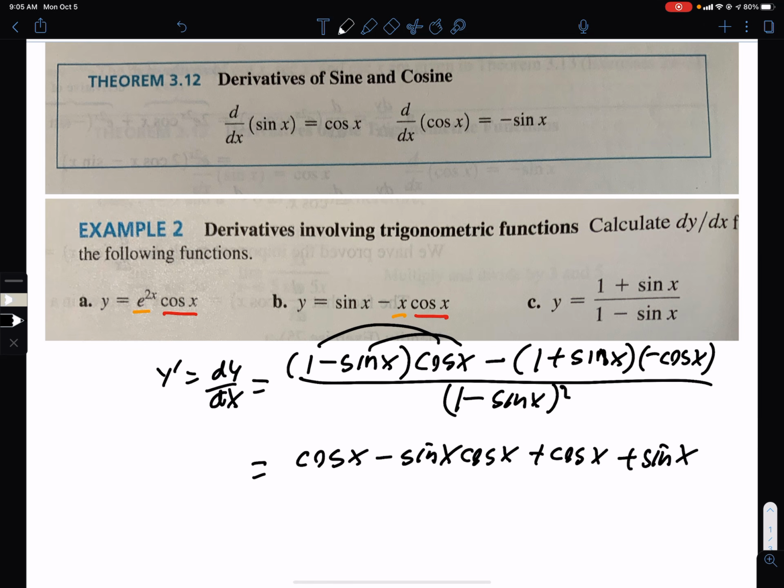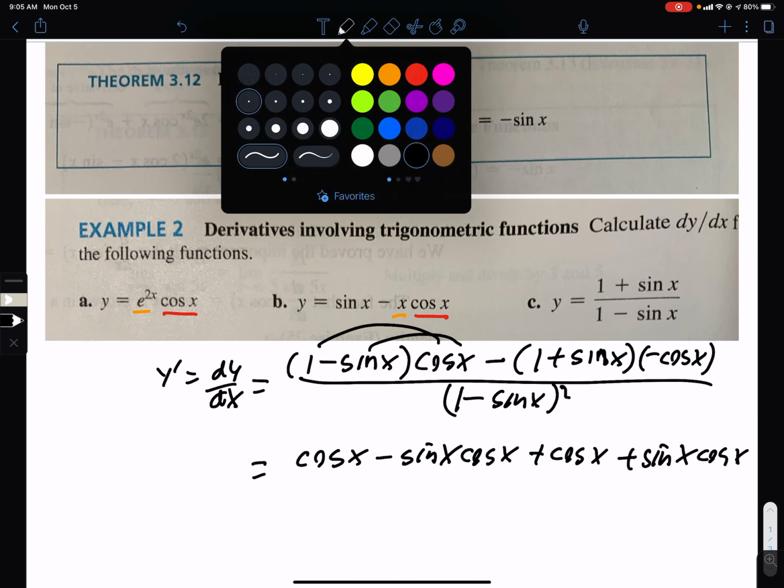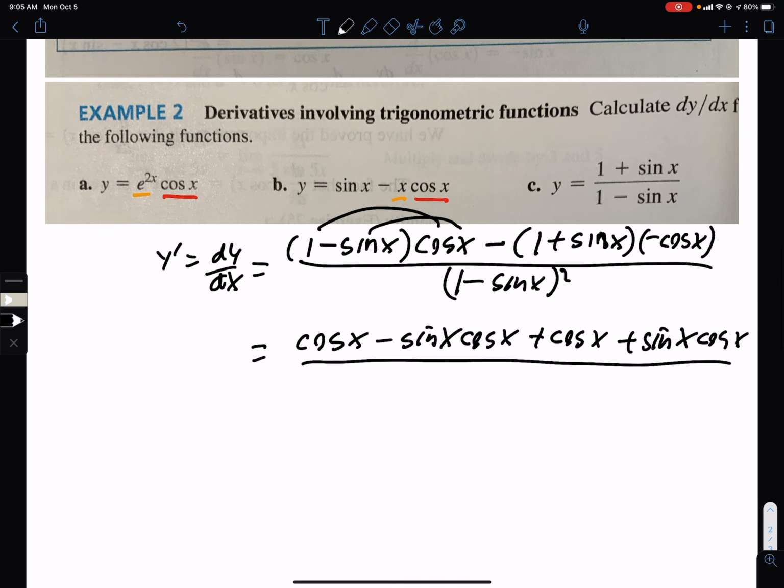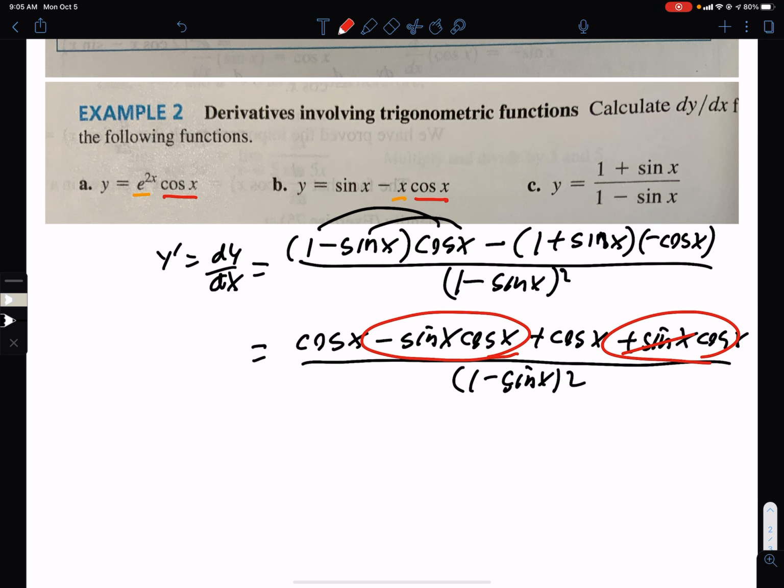Look at that. Now don't let me forget the denominator. That would be bad. 1 minus sine x squared. Now I'm excited because that and that will cancel beautifully.